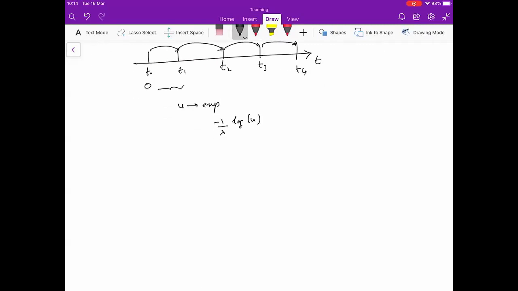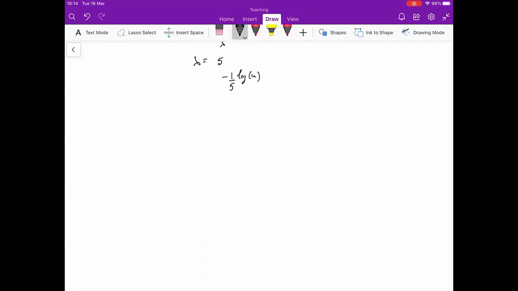In our case, lambda is 5, so this is -1 over 5 log of u. We are given the values u1, u2, u3 and u4.